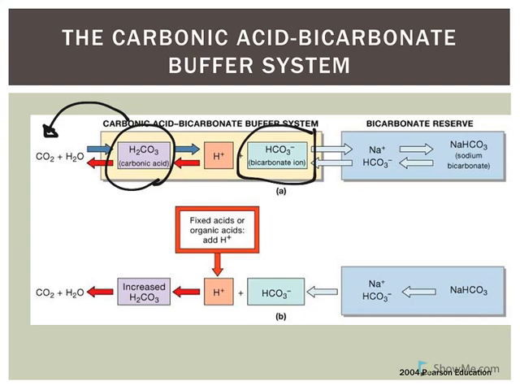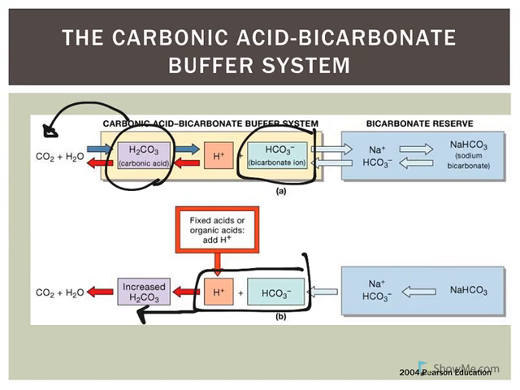So what happens, for example, when you have added fixed acid into solution? I want to tie up those hydrogen ions, otherwise the pH is going to start to drop drastically and affect how things function. So what I have is the bicarbonate. The bicarbonate will join up with this hydrogen ion.